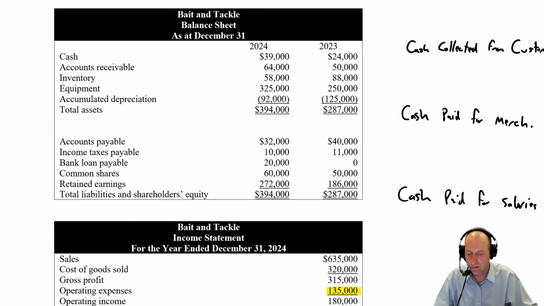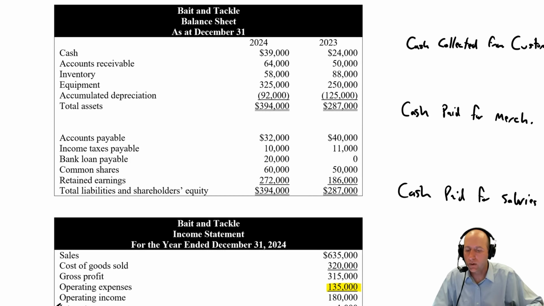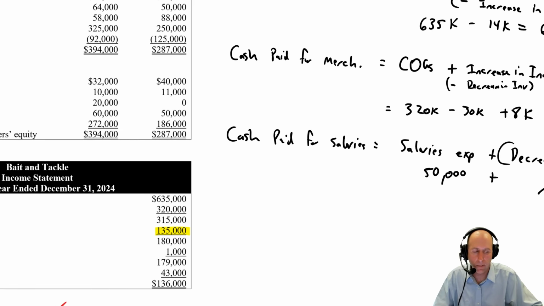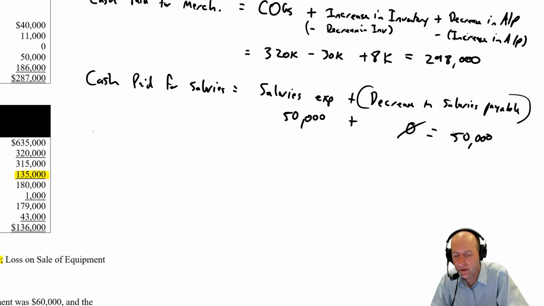Cash paid for interest. I'm looking specifically for interest expense or interest payable. I do see interest expense right here, $1,000. I do not see any interest payable up above. The math would be very similar to cash paid for salaries.